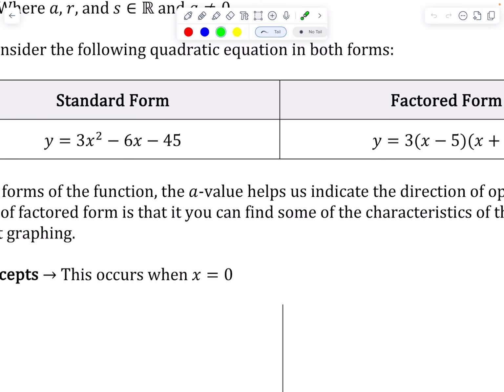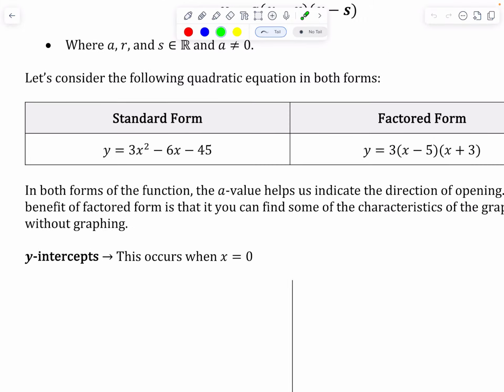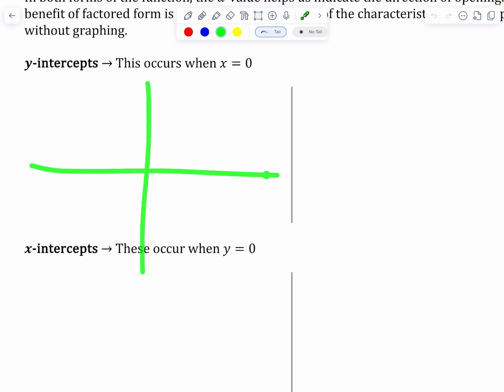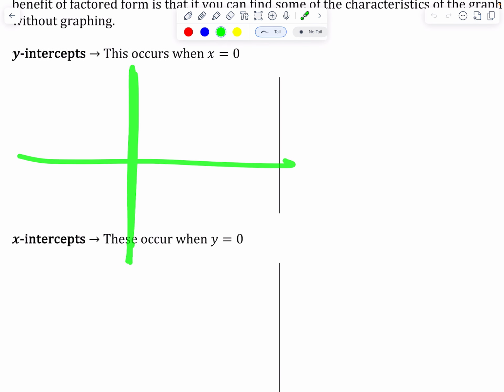There are some characteristics that we can find from factored form that we might not necessarily be able to directly get from standard form. And we'll see that in one of these next two categories. So one of the features that you have to be able to get is a y-intercept. A y-intercept is wherever you're hitting the y-axis, which means you haven't gone left, you haven't gone right, x is 0.